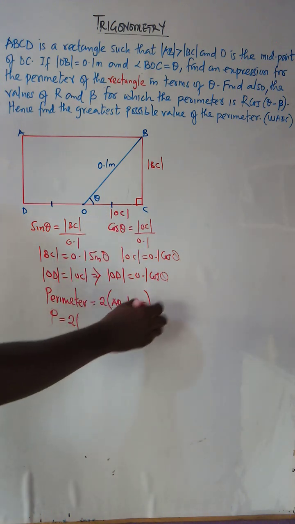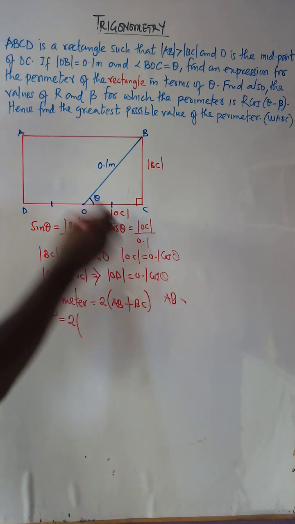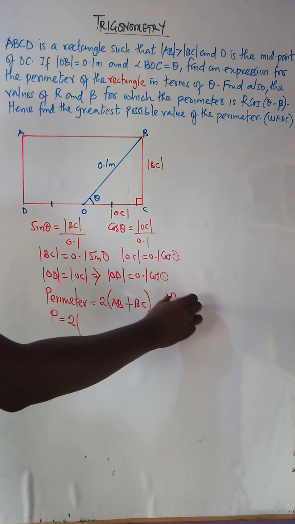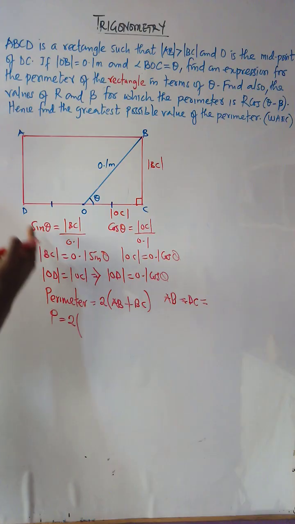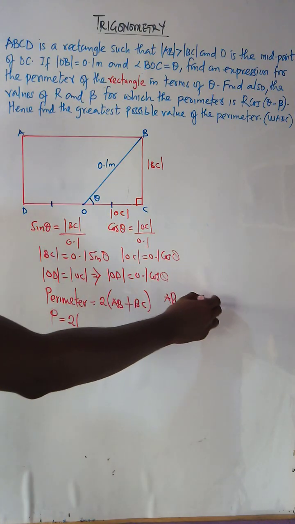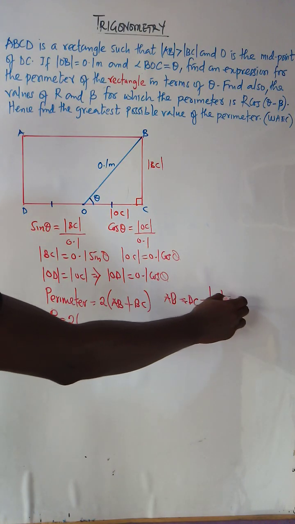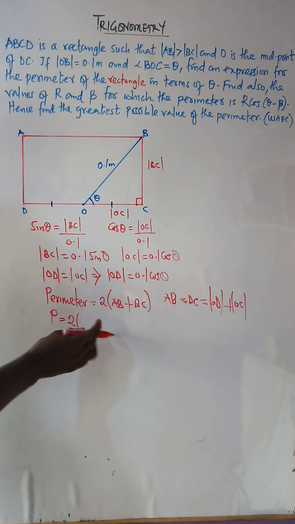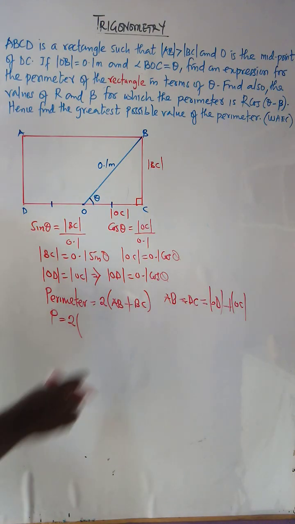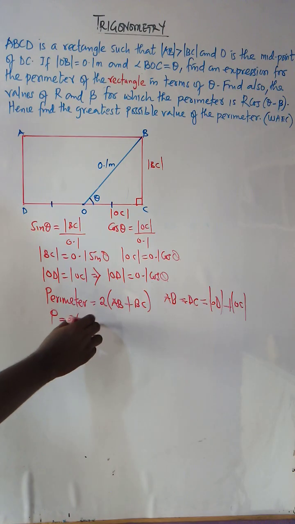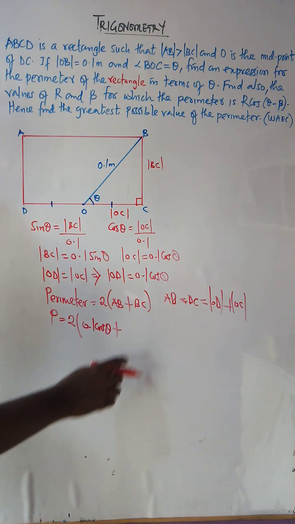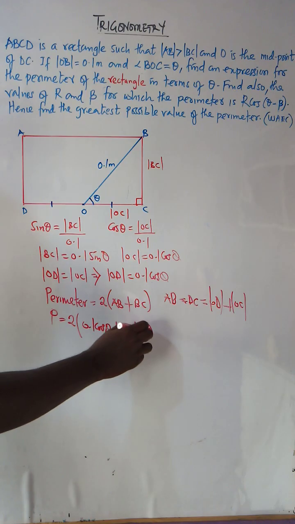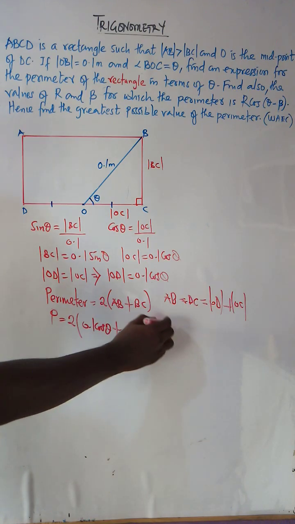AB itself is the same as DC, and DC is OD plus OC. So AB is OD, which is 0.1 cos theta, plus OC, which is 0.1 cos theta. So this is for AB.